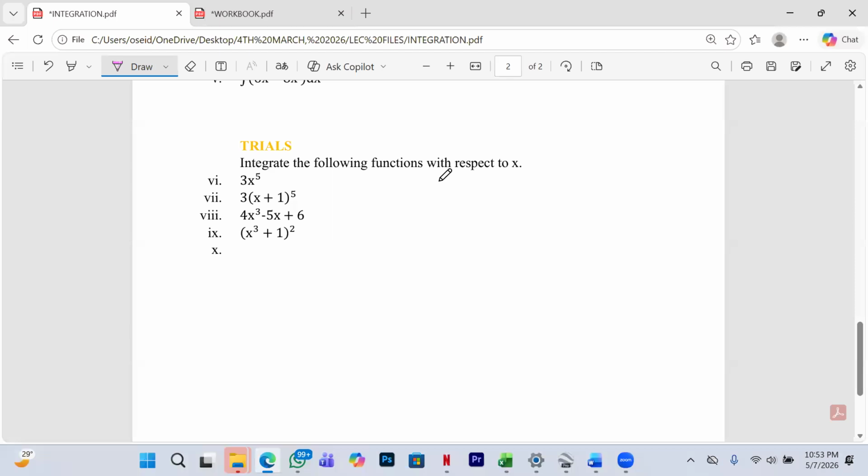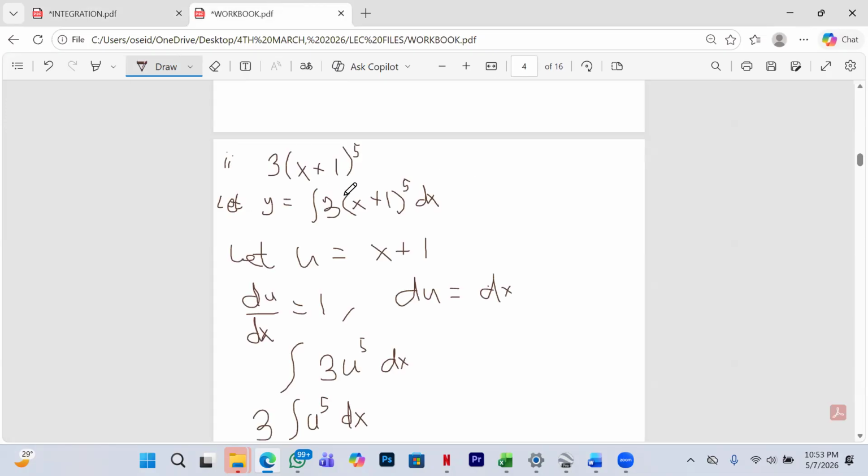Integrate the following functions with respect to what? x. So what are we doing here? We are integrating the term. If it is differentiation, they will tell you differentiate the following functions with respect to what? You understood now? Yes, sir.